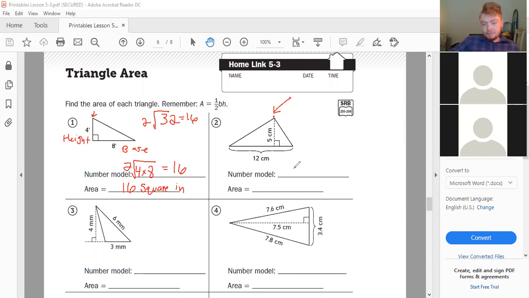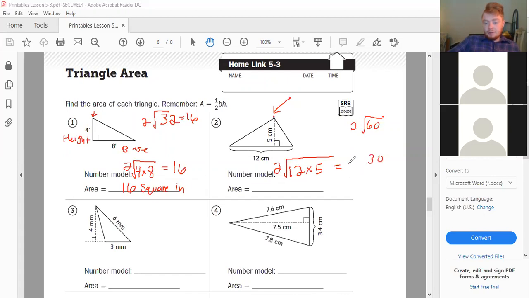First you multiply the base times the height, and you'd get 60. Cool. And then what? Aren't you supposed to cut that in half with triangles? Yup, you divide it by 2. Perfect. So what do we get? 30.